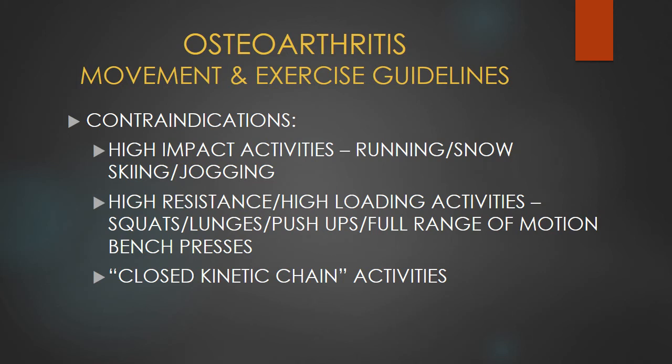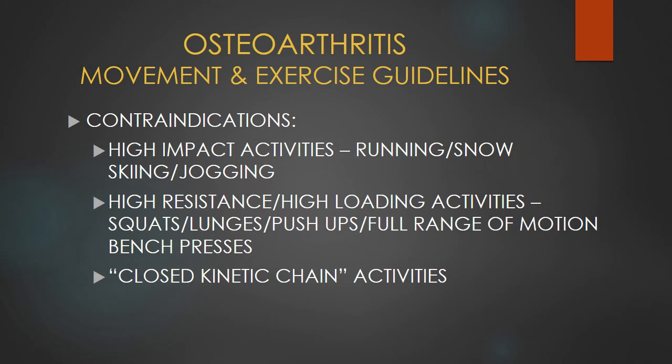Again, high resistance or high loading activities such as squats and lunges if we're talking about degenerative changes of the spine or of the hips or of the knees. Those won't be good. If we're talking about the upper extremities, such as the shoulder, push-ups and full range of motion bench presses that are heavily loaded are not going to work very well and are going to exacerbate the patient's condition.